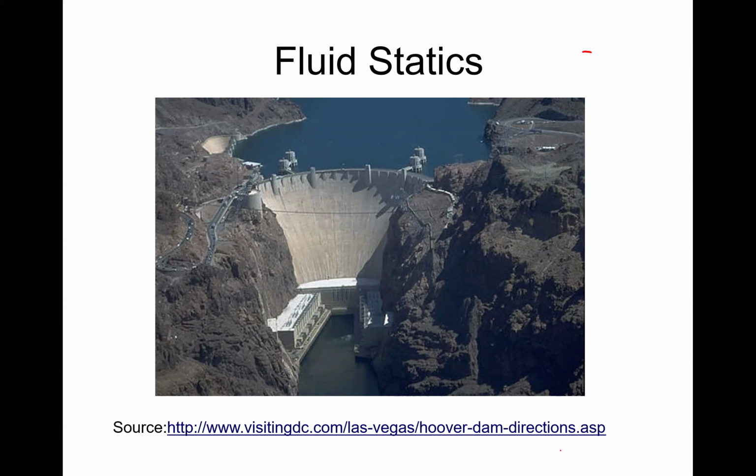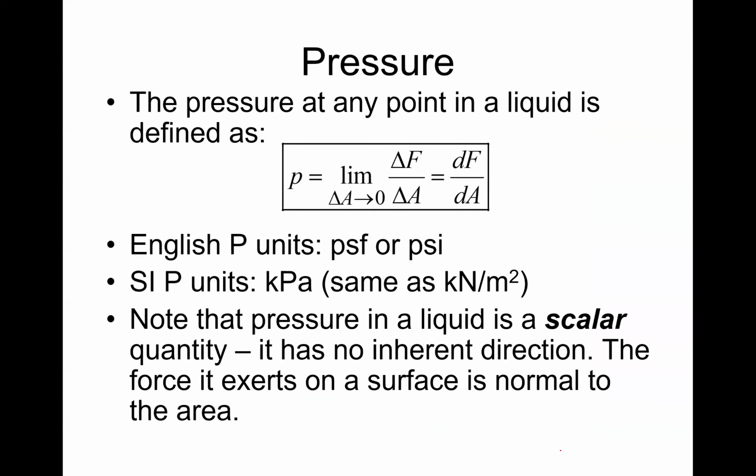And so that information will be used, as you will see, when we start doing the mechanics part of the class. The pressure at any point can be defined as the limit as the delta area tends to zero of the differential of force over differential of area. In other words, P equals dF/dA.